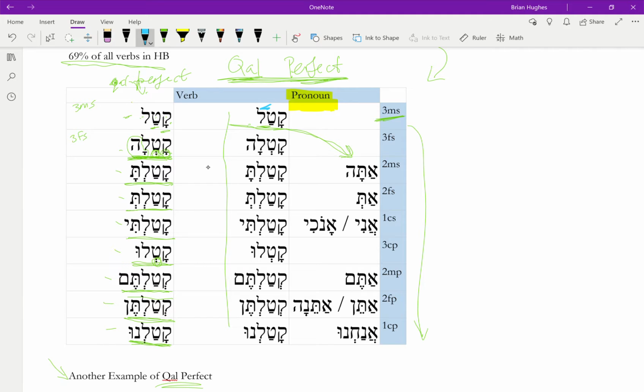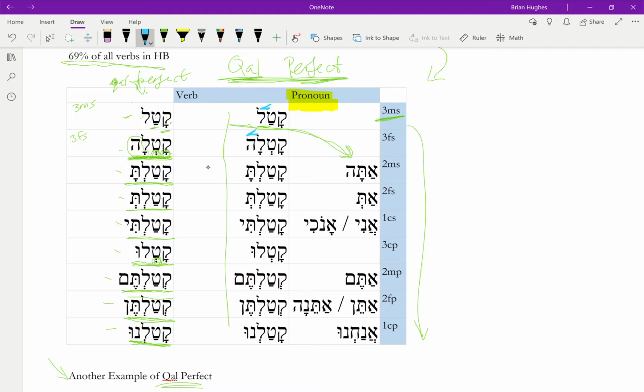In the second example, katala, similarly, the last syllable gets the accent. And they don't bear any resemblance with their pronoun.